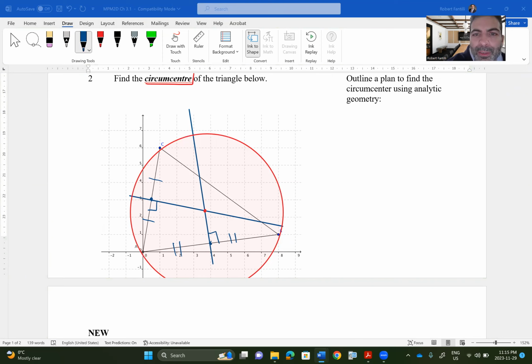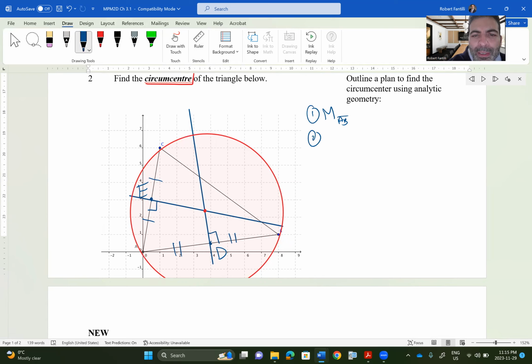Here we go. The first thing we're going to do, oh, we're still in ink to shape, so let me get rid of that. All right, first thing I'm going to do is find the midpoint of, we said we call that D and call that E. Let me label that properly. So I'm going to find the midpoint of, let's say, AB.